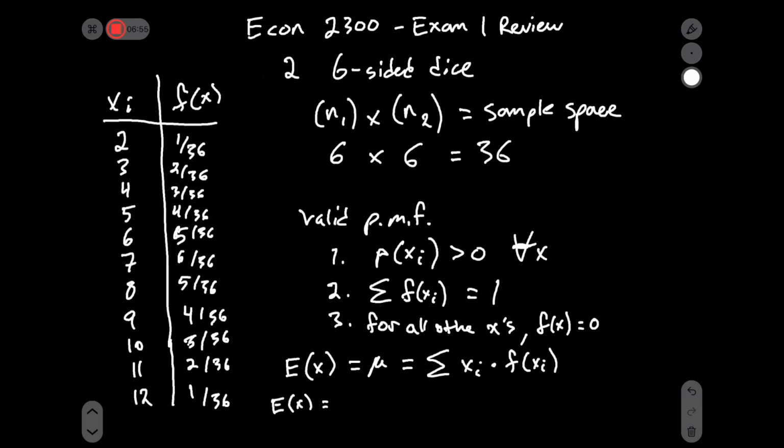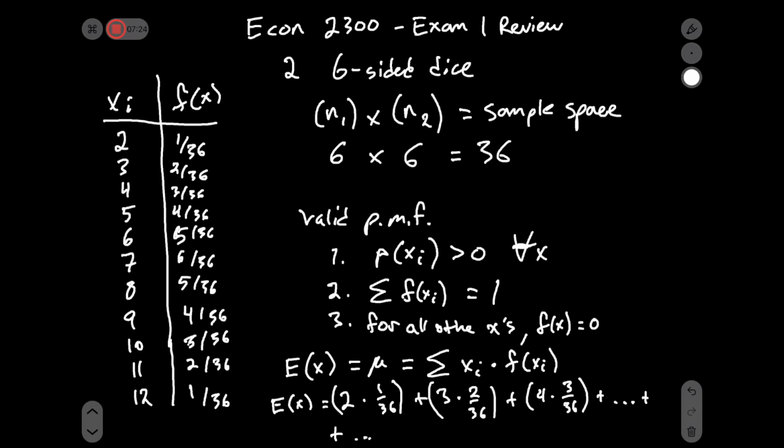We can take 2 and multiply that by 1 over 36, and we can add that to 3 times 2 over 36, and so on. Okay, so 4 times 3 over 36, and we can do this for all of these.